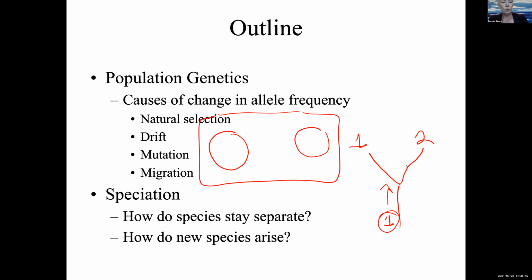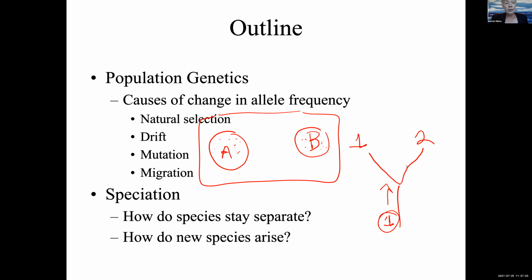So this is species 1, population A, and population B. We're going to find a large number of individuals in each of these regions, and these are both in normal habitat area for species 1.